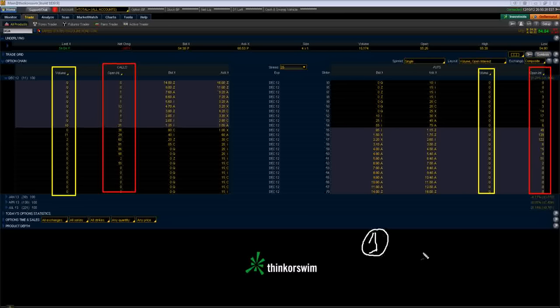Now, if you want to buy a call and someone else wants to sell that exact same call, open interest for the day would be 0. No new option contracts were created.